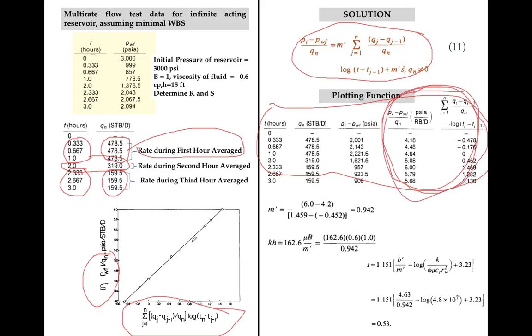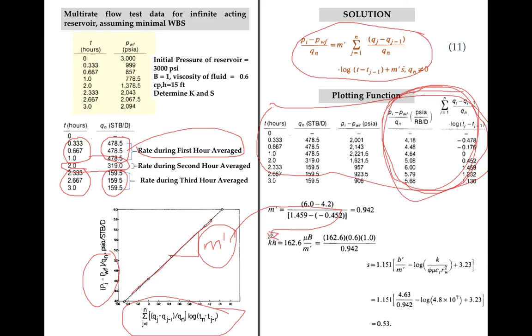And once we plot it here, what you can see is a straight line, this one. Now the slope of this straight line is nothing but m dash. Now here m dash will give you the value of kh, right?